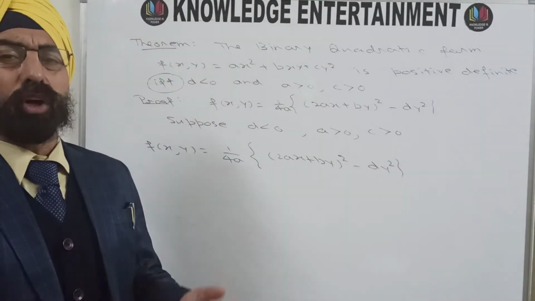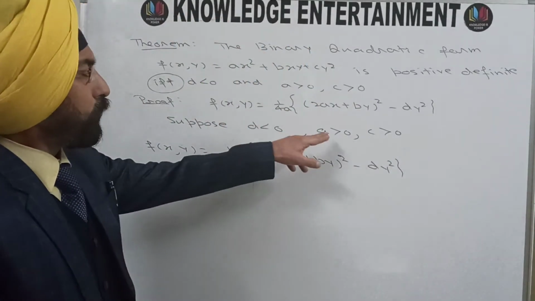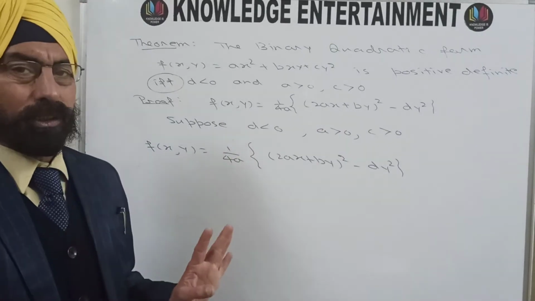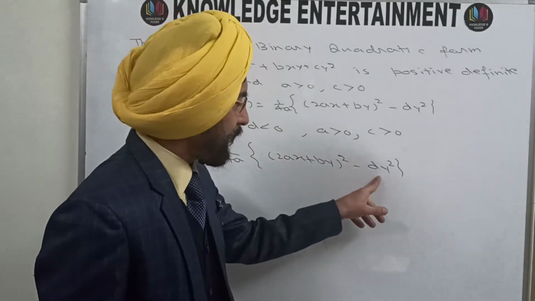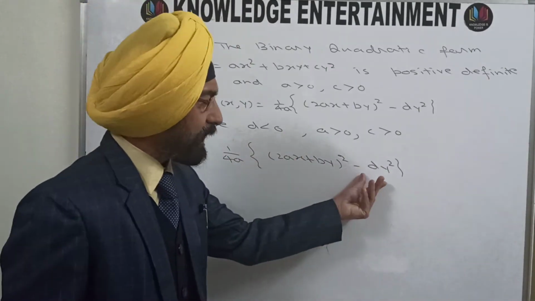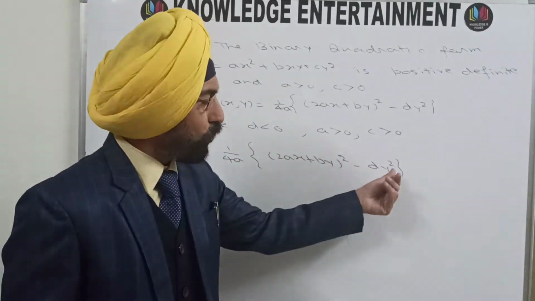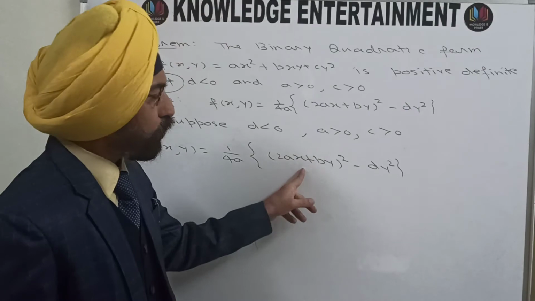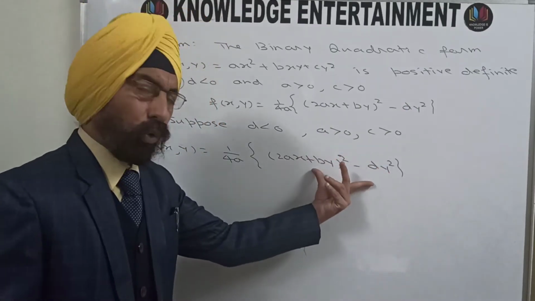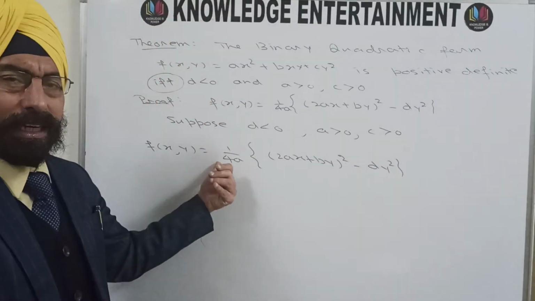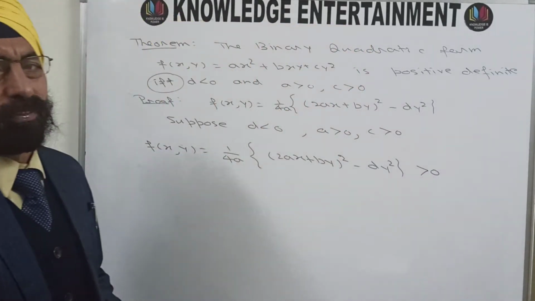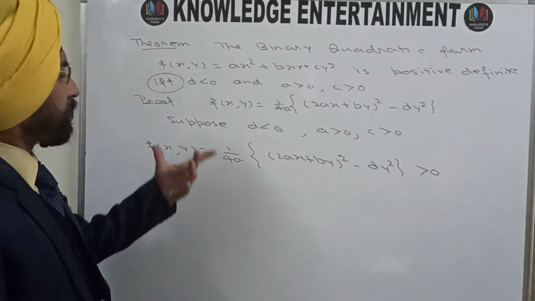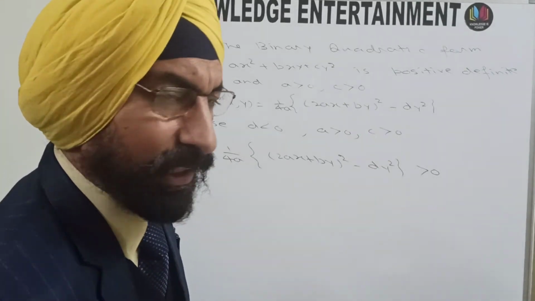This part is not difficult at all. This a is given to be positive, so 1 upon 4a is positive. Now this is a perfect square, so it is positive. Minus d, since d is less than 0, minus d is positive, so minus d into y square is also positive. The whole bracket is positive, and outside you are getting a positive term. So this is greater than 0 for all values of x and y. That means this is a positive definite form.